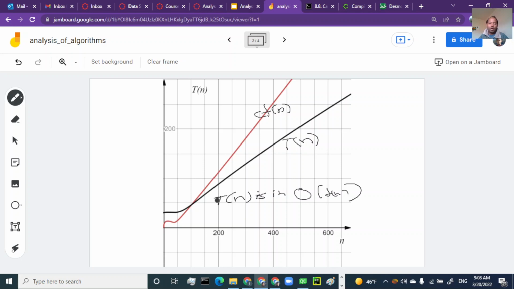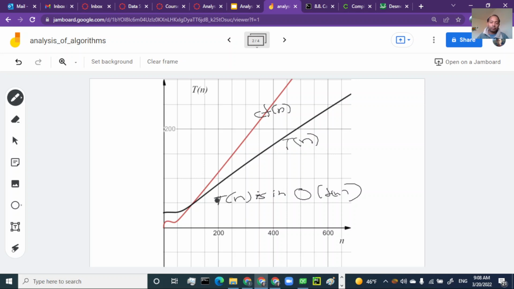If we focus on this function, our F(n) function, it lies on top.